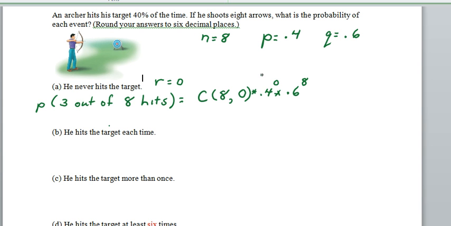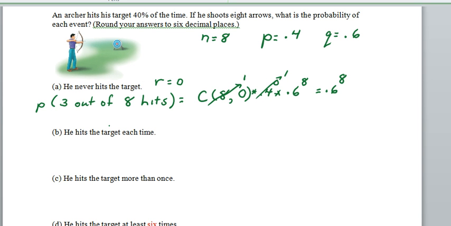Now, the number of combinations of 8 things taken 0 at a time is 1. 0.4 to the 0 is also 1. So our answer is just 0.6 to the 8th power.